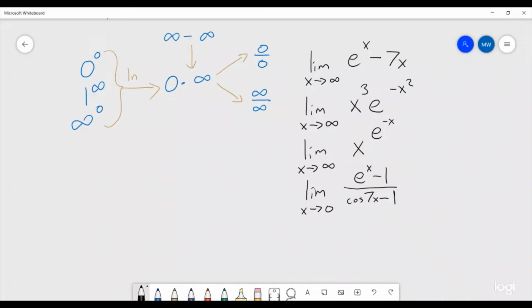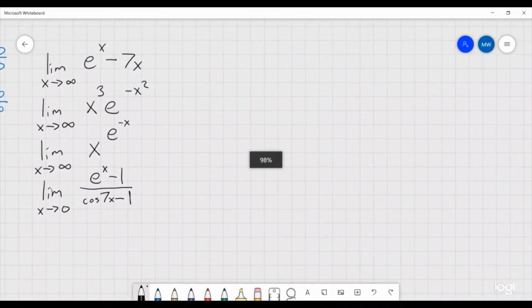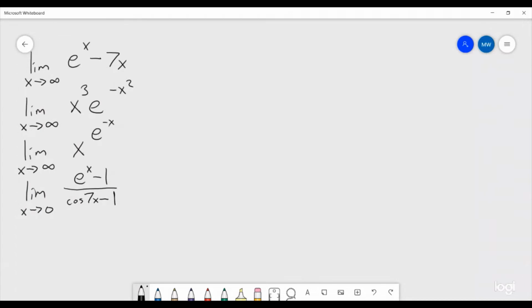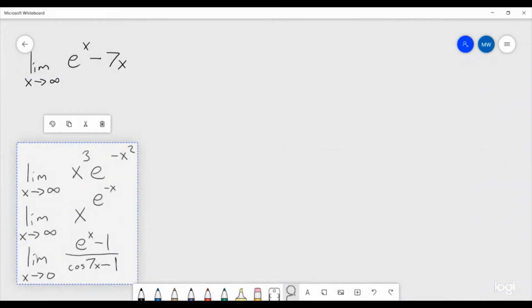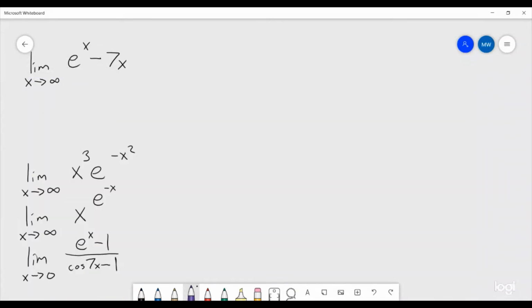Alright, so for the first one, we need to somehow rewrite that so it's going to be infinity over infinity or 0 over 0. But currently it's just infinity minus infinity, so we have to rewrite that one a little bit first. So e to the x minus 7x, let's rewrite that so that we can get this as infinity times something.